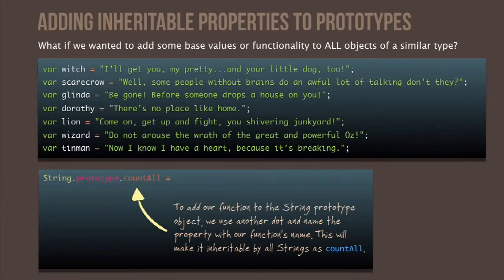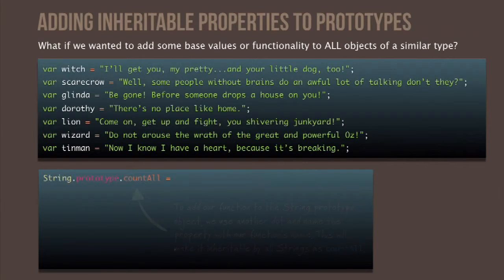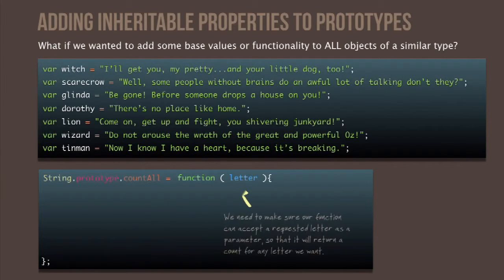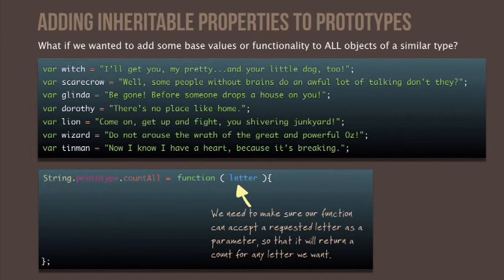By adding this to the string prototype, we've now made it inheritable to all strings everywhere, even ones that already exist. So we'll assign to it a function expression, and since we're giving the function to the overarching string prototype, we won't really need to pass the function a string because the string will be calling the function itself. All we need to give it is a letter. We need to make sure we give it a letter so that the function knows which letter we're looking for.